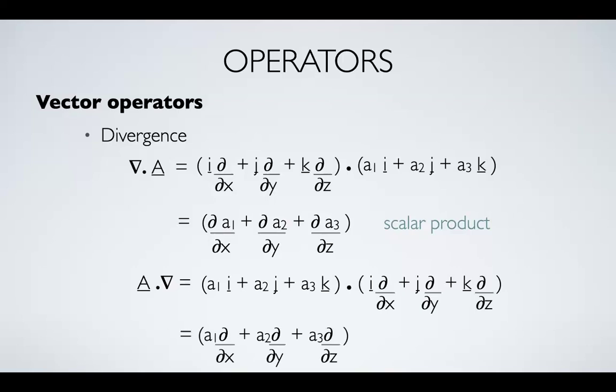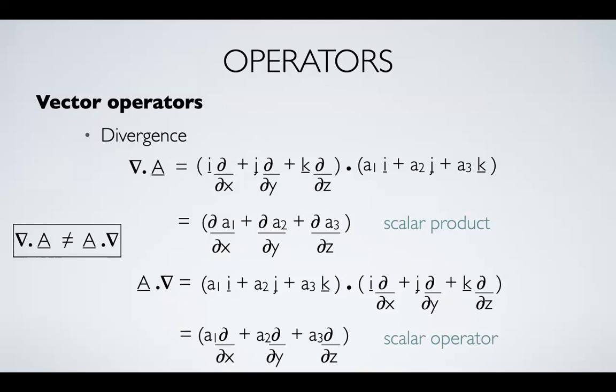So the product will be something like this, okay? Do not plug the A1 into the operator. It's going to be different. So you can see here that del dot A is not equal to A dot del, okay? So don't switch.